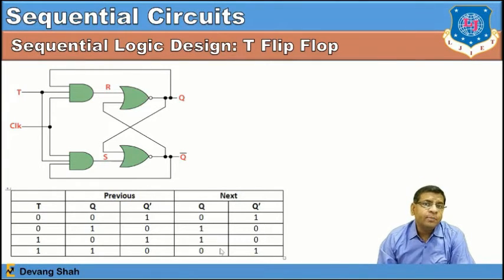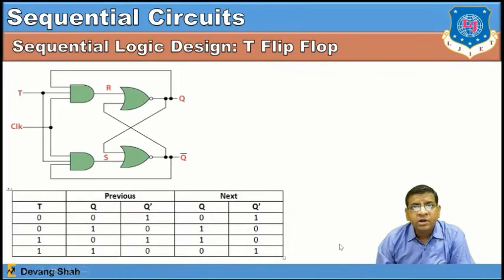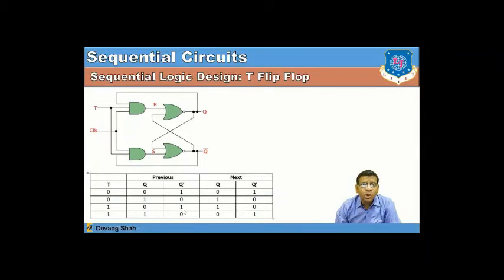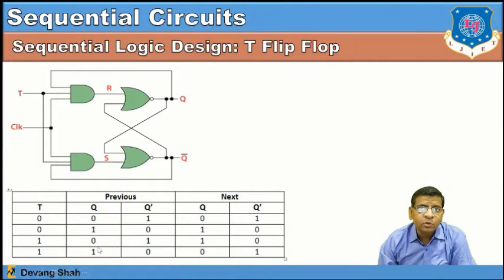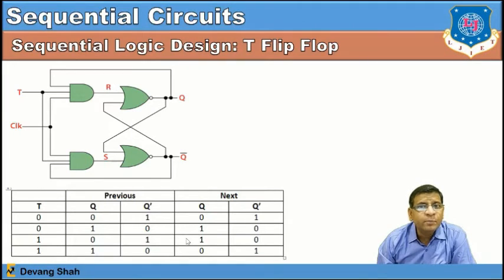In the same way, if you apply 1 1, it will toggle the condition. Check the previous state where Q is equal to 0 and Q bar is equal to 1. In the next state, Q is equal to 1. This condition is called the toggle condition, where toggling is just 0 to 1 and 1 to 0.